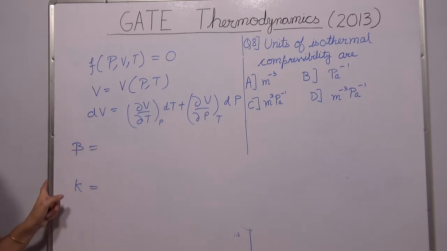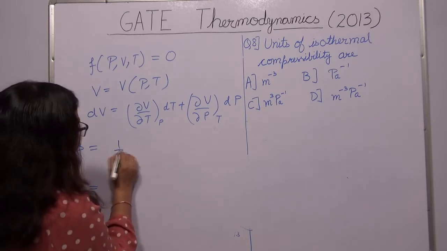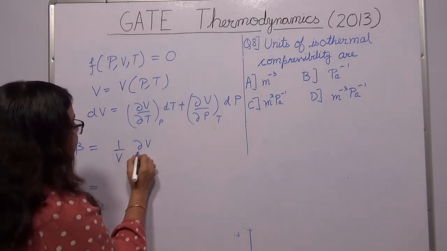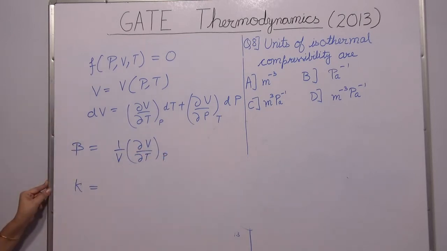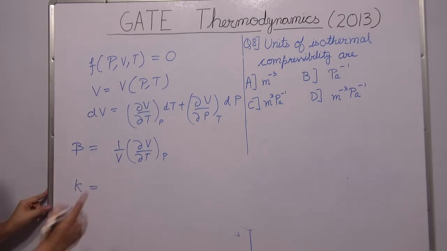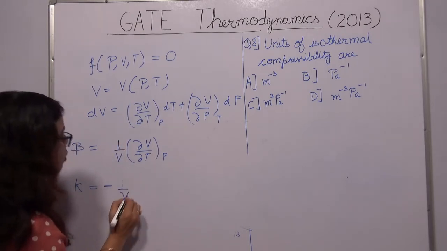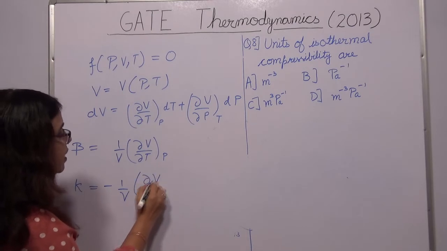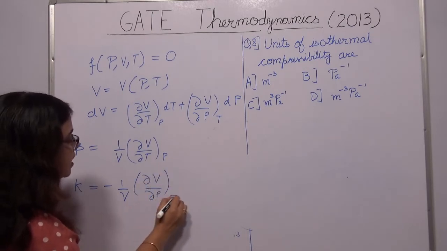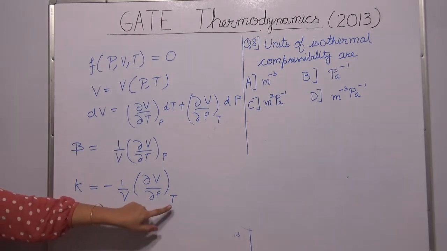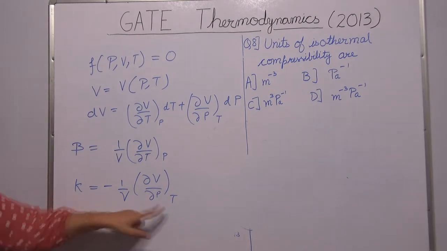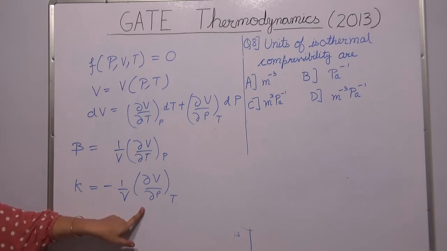So beta is known as volume expansivity, and it is defined as 1 upon V del V by del T at constant P. Similarly, minus 1 upon V del V by del P at constant T has been defined as isothermal compressibility because temperature is constant. So this is your isothermal compressibility.